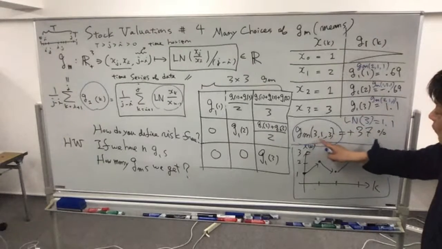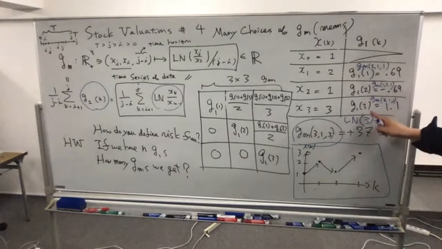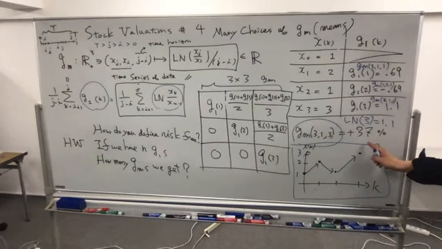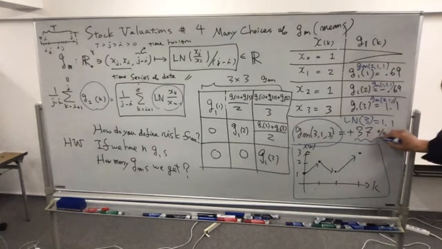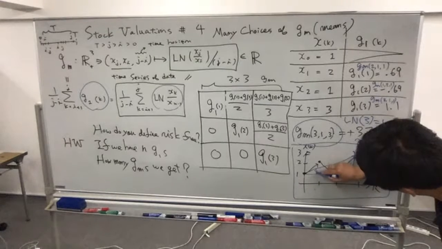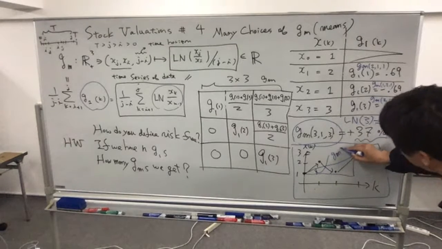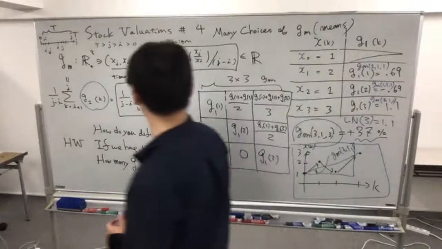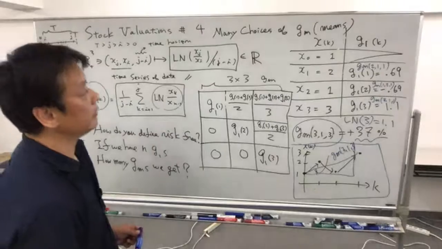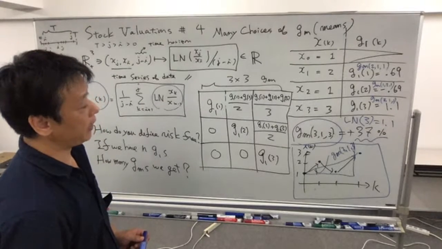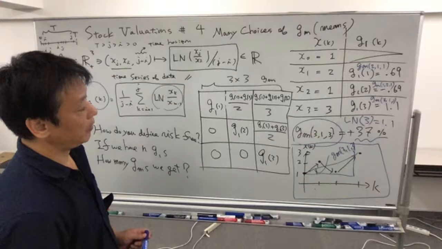So GM313 is ln 3 over 3, which should be positive 37%. So GM313 is quite a good number. However, that's only one GM we can choose.